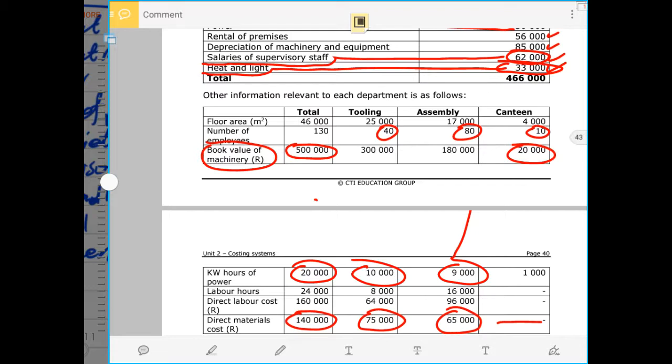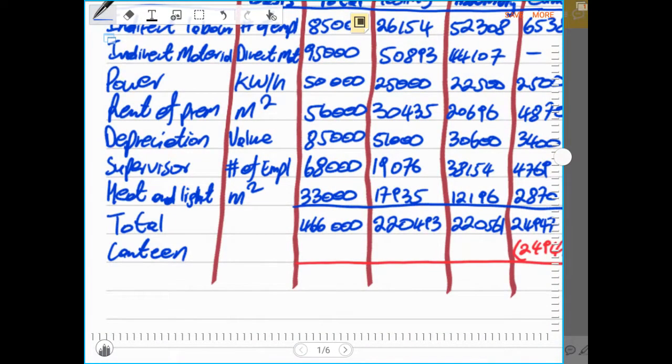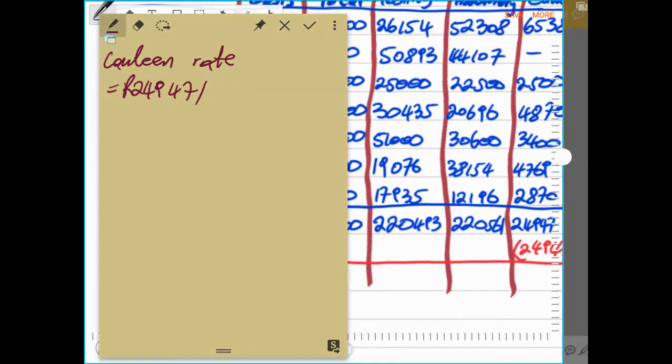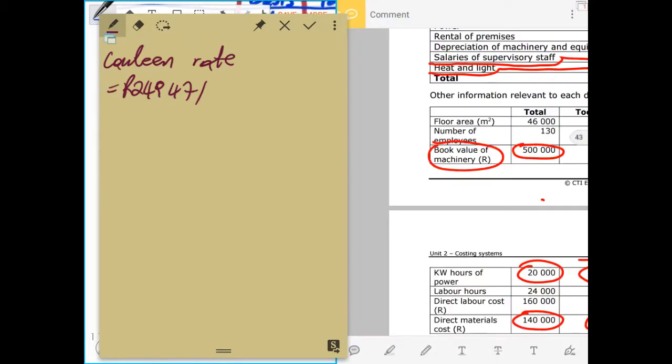So when we allocate this canteen, we'll use the number of employees. We do the same thing as we did previously and calculate our canteen rate. Our canteen rate is 24,947 divided by the total of the employees in the two departments.